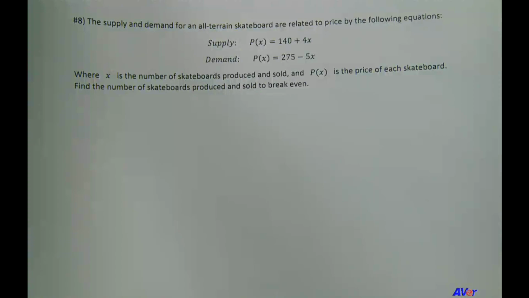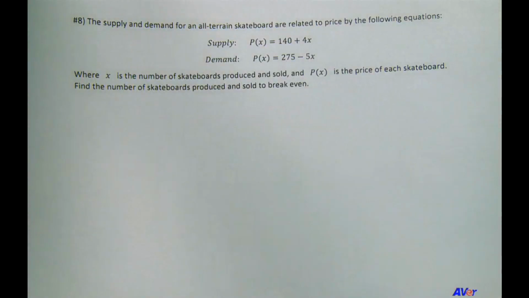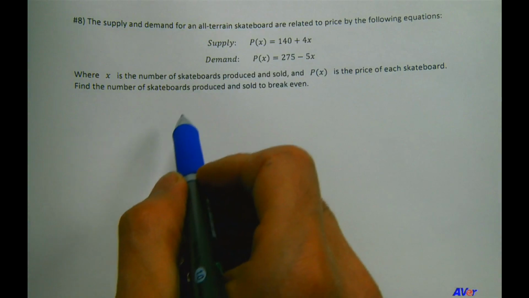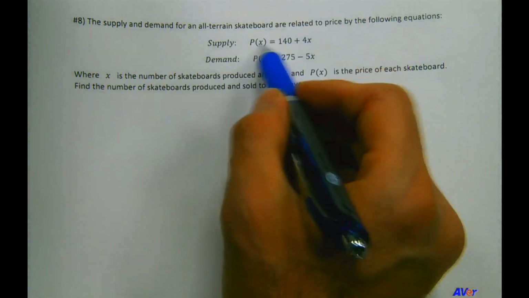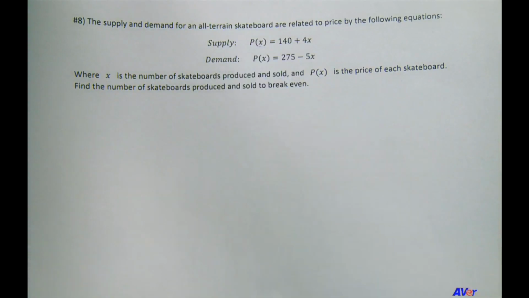Supply is the top equation, and demand is that. Where X is the number of skateboards produced and sold, and P of X is the price of each skateboard. So this is the price at supply, and this is the price at demand.